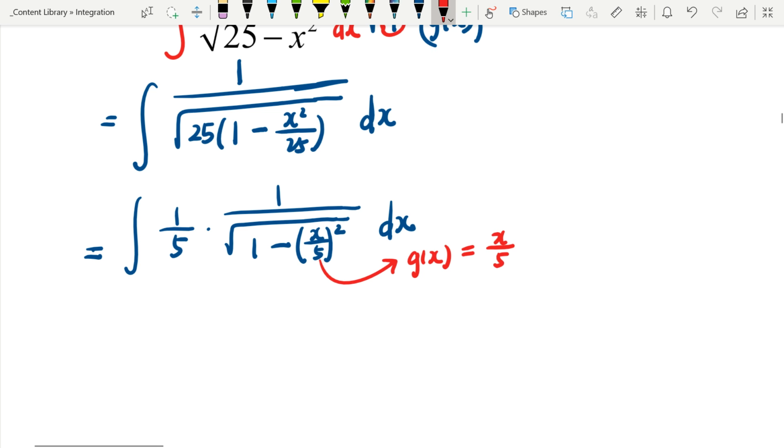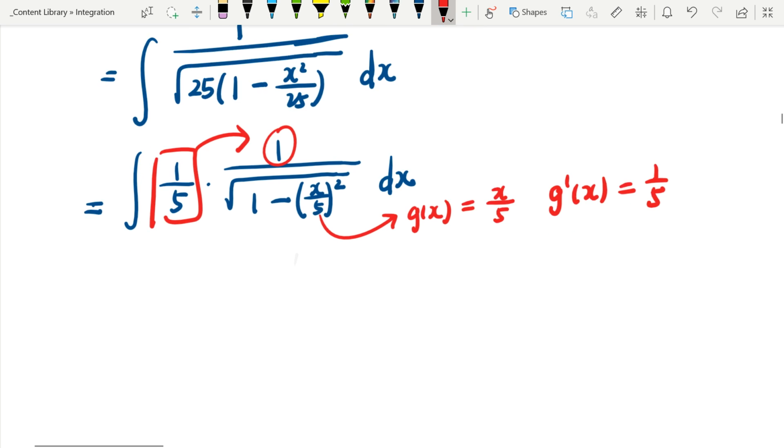So what's g dash x equal to? 1 over 5. So my top should be 1 over 5. And the good thing is I can just put this 1 over 5 up here, so I don't really need to make any value.